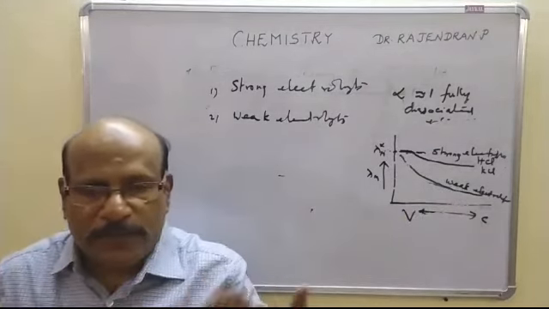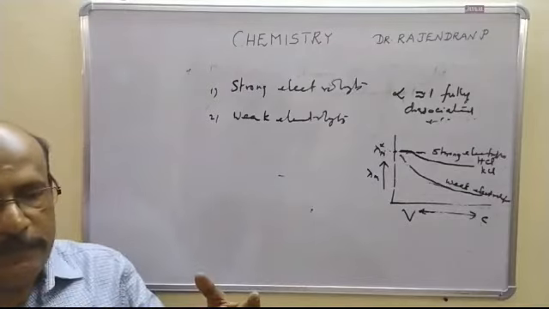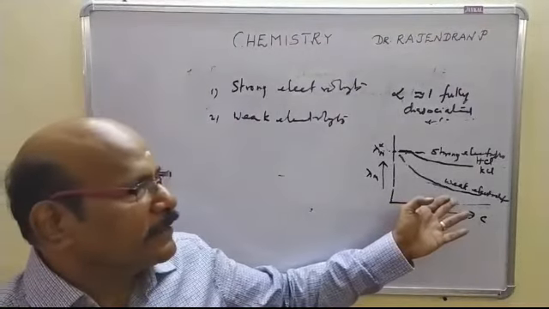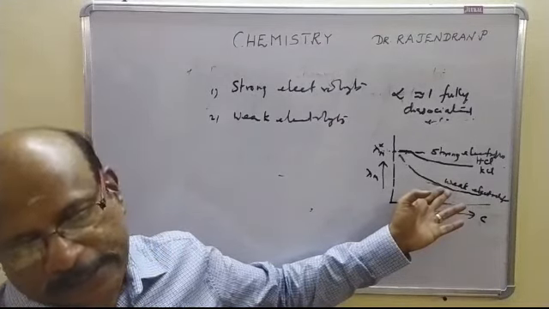It is applicable to weak electrolytes, because weak electrolytes are only partially ionized and the electrostatic attraction between the ions is very small compared to strong electrolytes, so they obey the Arrhenius theory.